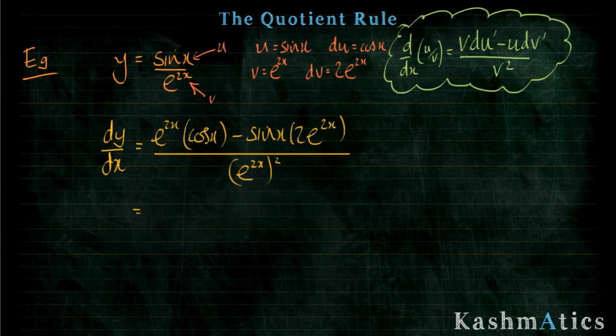Now let's see what we can do with this. The top and the bottom all have an e to the 2x in them, so those can cancel each other out. So I'll have cos x take away 2 sine x all over e to the 2x.